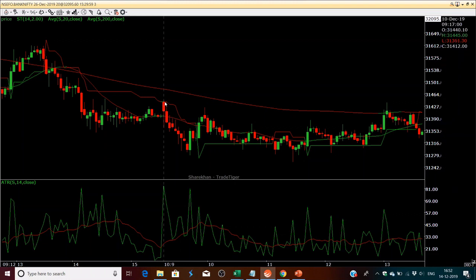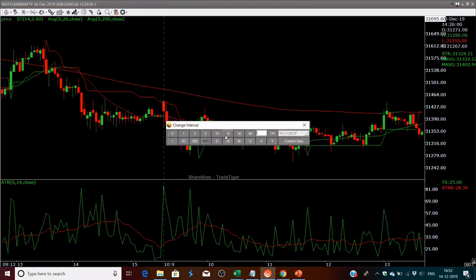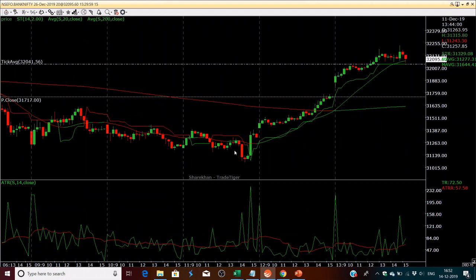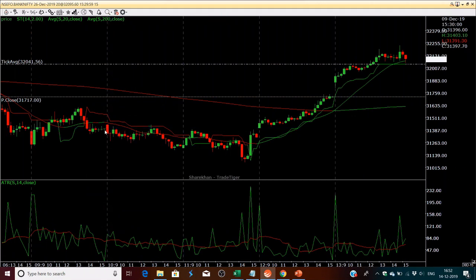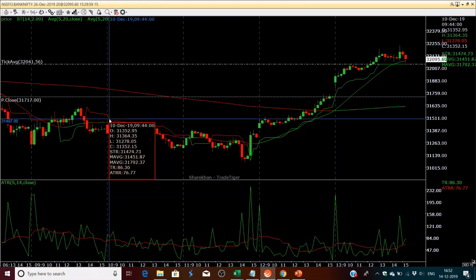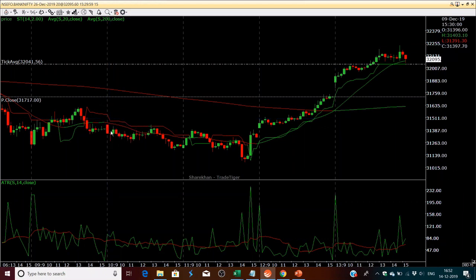If you're trading in a 3-minute time frame and you have identified the trend is going down and you want to short this, you can always go to a higher time frame, and you can use any of the indicators like Super Trend or PSAR, and put them as your stop loss on the higher time frame, so that you are safe, that the small movements will not hit it.